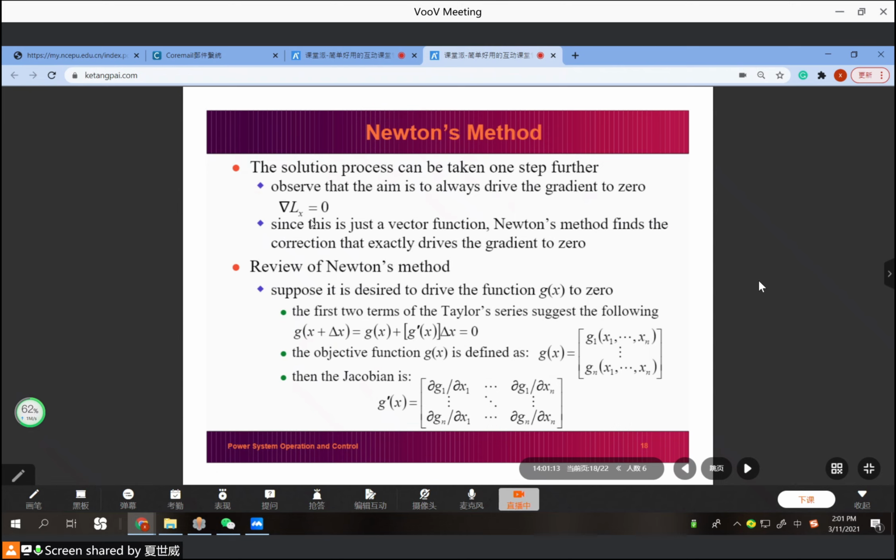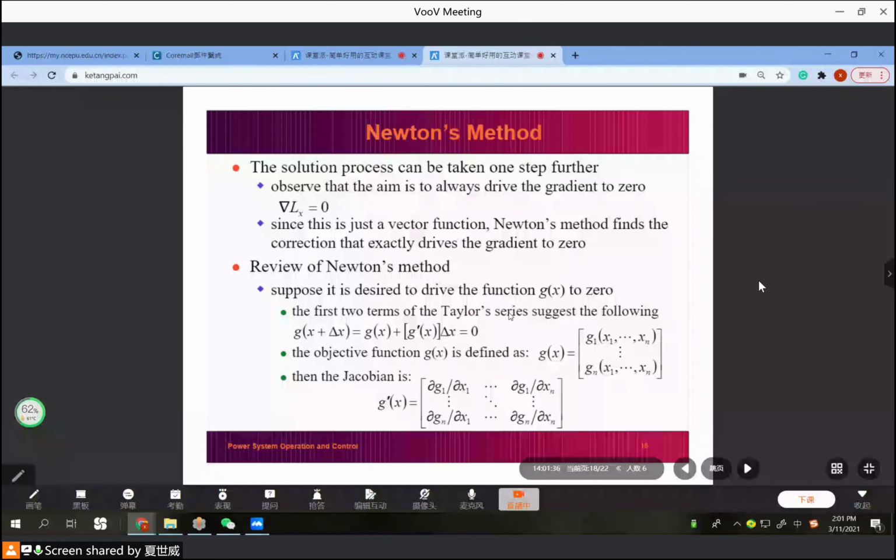If we want to solve the root of delta L(x) equals 0, what's delta L(x)? This is the first order derivative of the Lagrange function. To solve economic dispatch is equivalent to solving the root of delta L(x) equals 0.